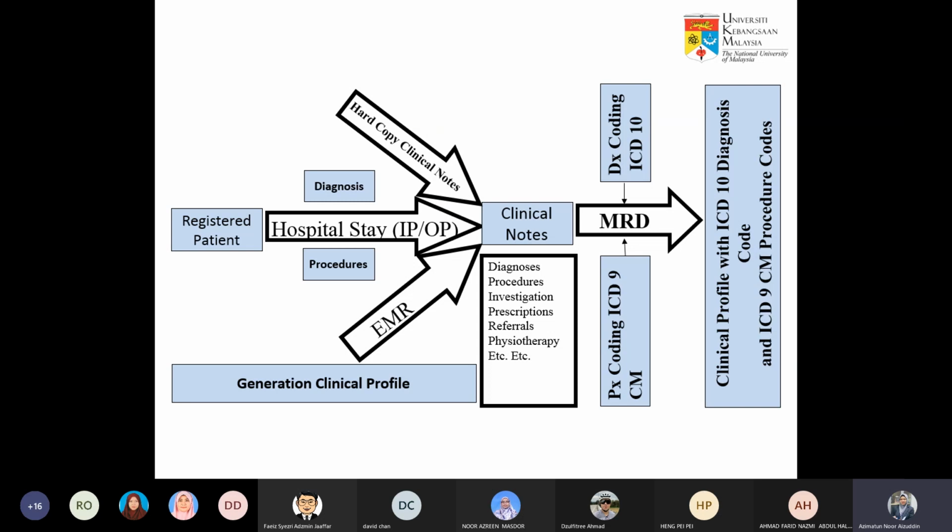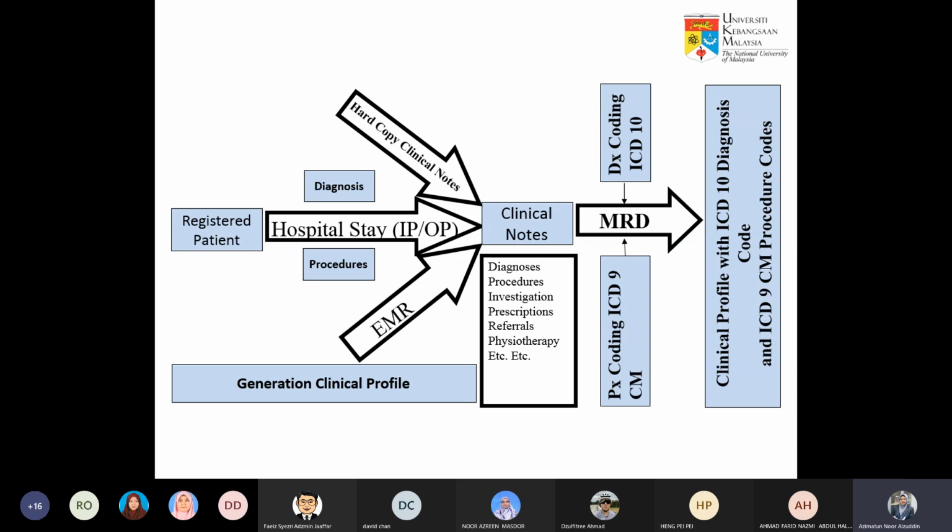So dalam clinical notes tu ataupun discharge summary yang sepatutnya dihasilkan oleh houseman ataupun doktor yang bertugas ya, adalah sepatutnya ada diagnosis primary secondary, prosedur primary secondary, dan investigation been done, prescription been done, whether there is any referrals, any other treatment such as physio ke dan sebagainya ya. So that is actually supposed to be as complete as possible the clinical notes.